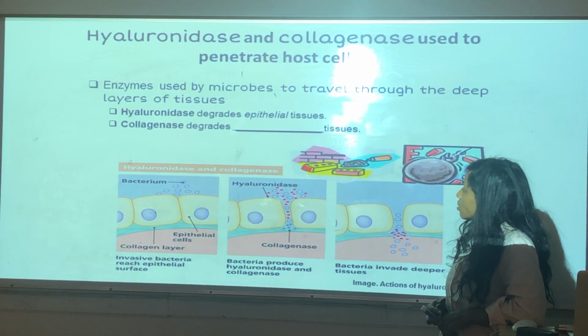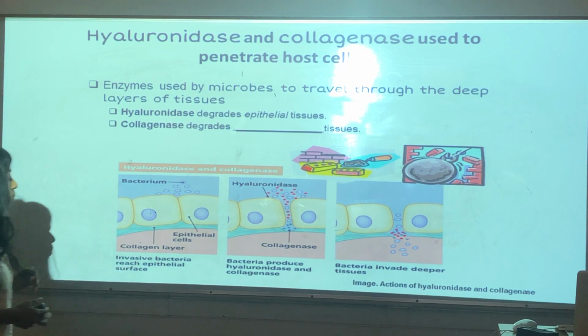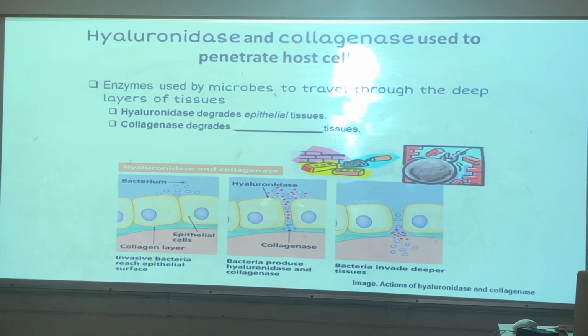All right. So hyaluronidase and collagenase, these are used mostly for penetration, and these allow the microorganism to travel through the deep layers of tissue. Hyaluronidase is going to degrade the epithelial cells.